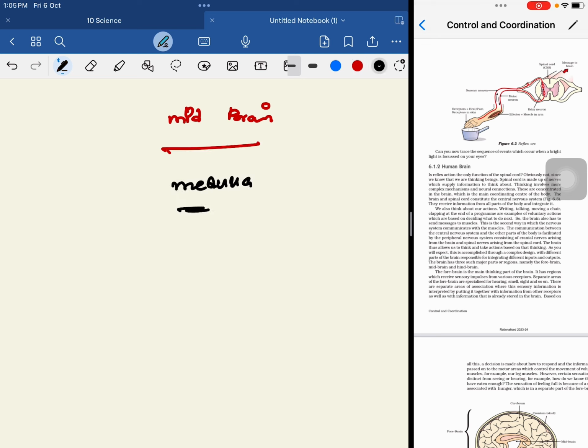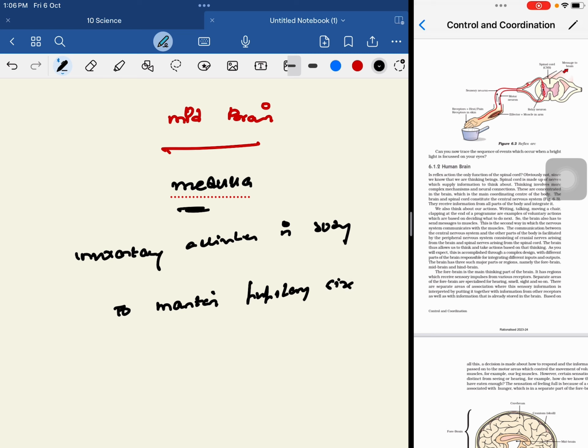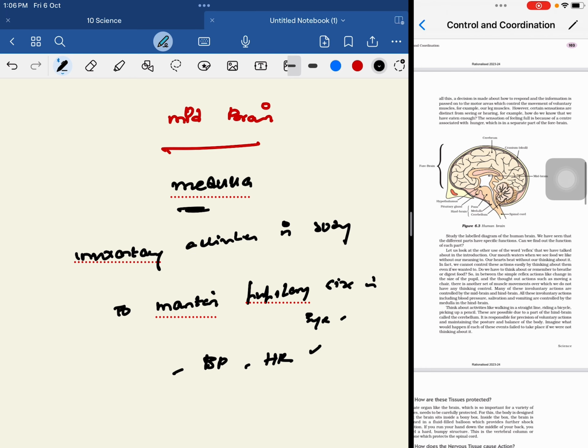Medulla is helpful for involuntary activities in the body, like maintaining pupillary size in the eye, our blood pressure, our heart rate, and many other involuntary actions in the body.